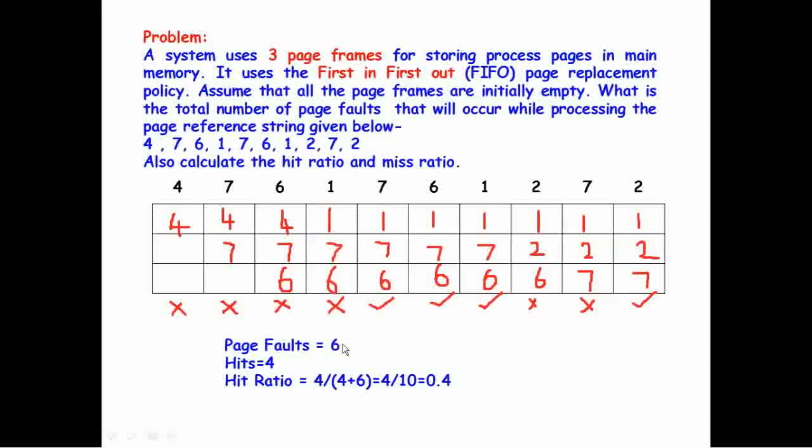This is equal to 4 divided by 4 plus 6 is 10, and finally when 4 is divided by 10 we get the value as 0.4. Next, miss ratio is equal to 1 minus hit ratio. Already we have found the value of hit ratio is 0.4. So when 0.4 is subtracted from 1 we get the value as 0.6. So these are all the values for hit ratio and miss ratio.